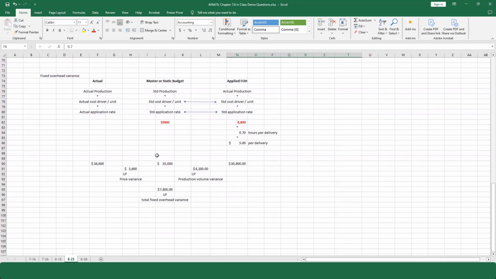Now let's look at the fixed overhead variance. We see here that we spent more money, and there could have been a variety of reasons why we spent more money, but when we look at this, we definitely did spend more money. We would have to look at what goes into the fixed overhead in order to determine exactly where we spent more money. And keep in mind what fixed overhead is.